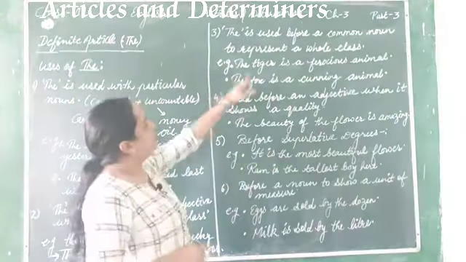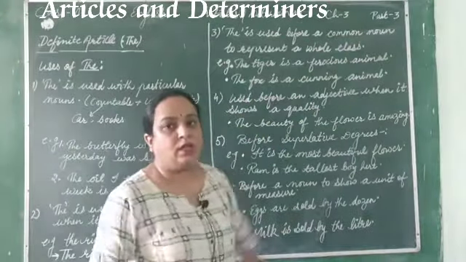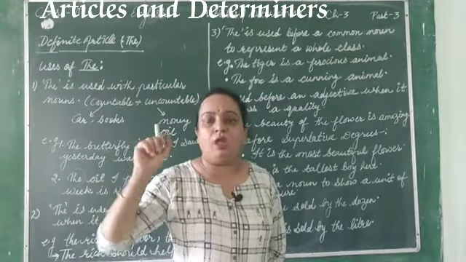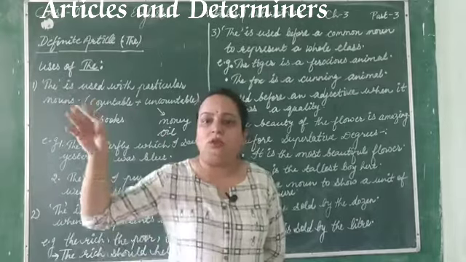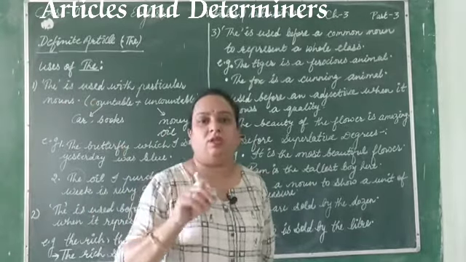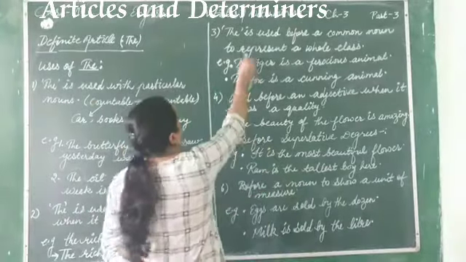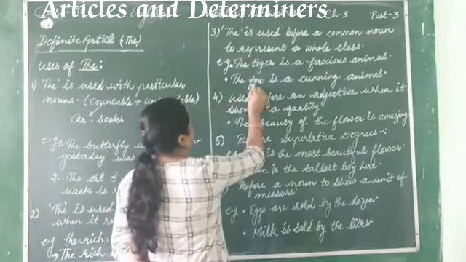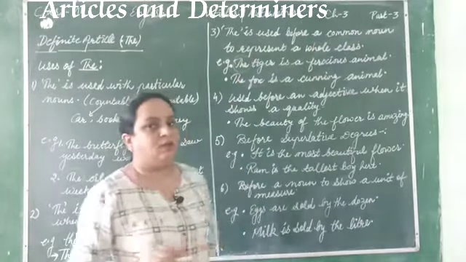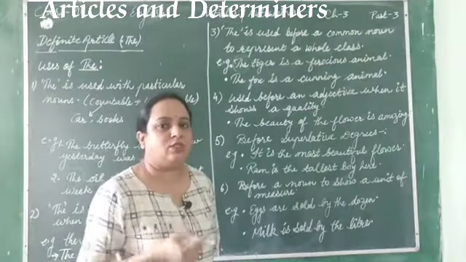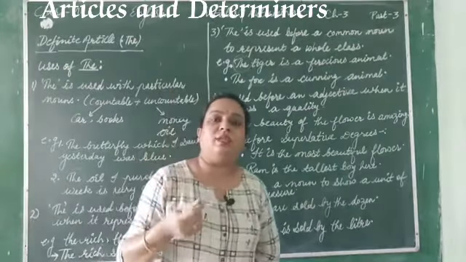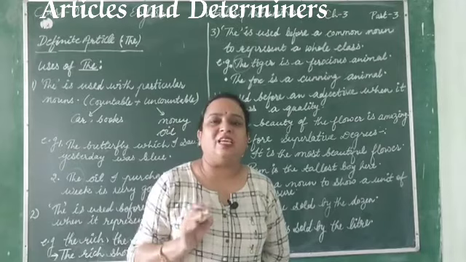The tiger is a ferocious animal, right. I am not talking about one tiger only, I am talking about all the tigers. So I have taken the whole class of the tiger here. So here the is being used. Fox is a cunning animal, right. You have read many stories, you have heard many stories that the fox is a cunning animal.